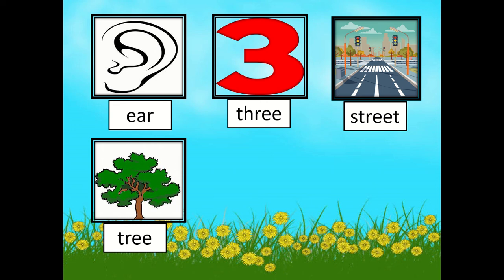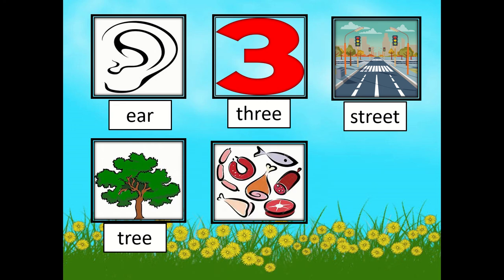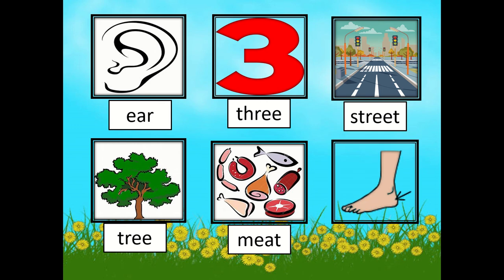So the word tree has the long E sound. Meat, meat. The word meat also has the long E sound. And the last picture is heel, heel. The word heel has the long E sound.